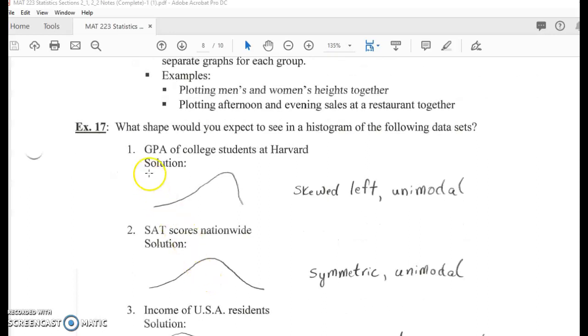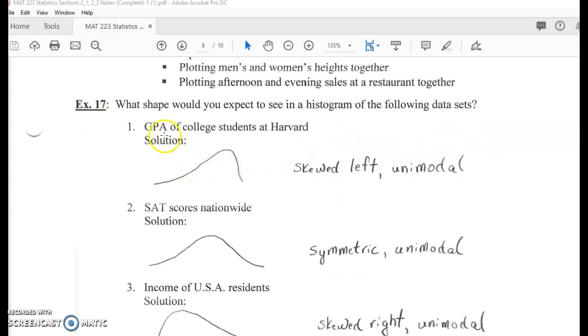Example 17: what shape would you expect to see in a histogram of the following data sets? If I said, what would you expect to see for the GPA of college students at Harvard? We would think, well, we're going to have a lot of students with really high grades at Harvard, and then maybe a few with lower grades, so we're probably going to see skewed left and unimodal.